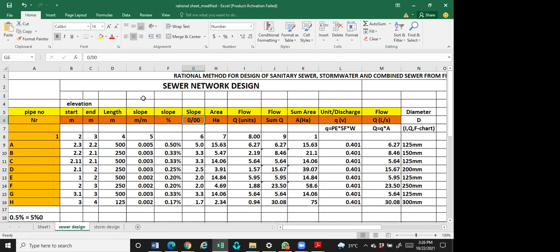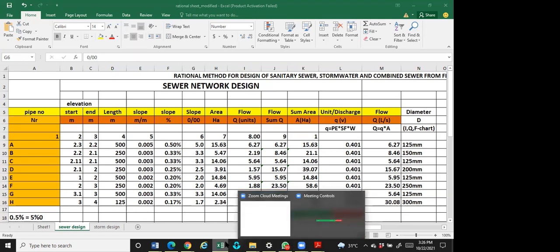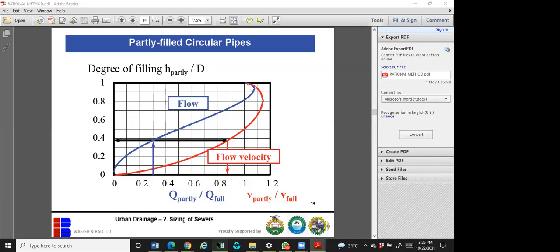Yes, please. Okay. Please, I just want to clarify on the slope. Let's take, for instance, pipe A. If I'm assuming that 2.3, which is the start, and 2.2, which is the end, are spot levels.